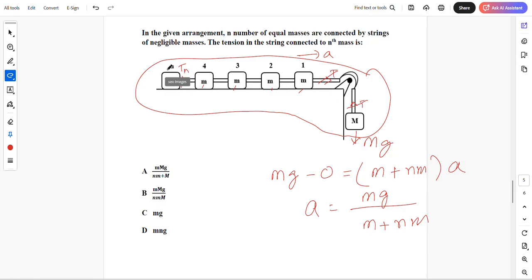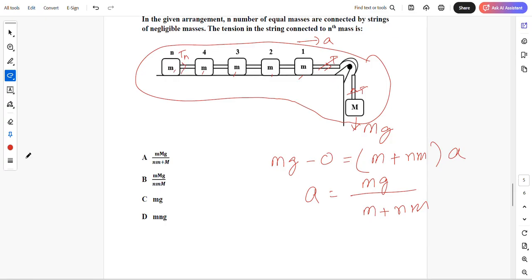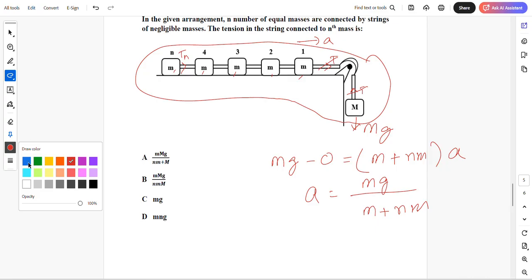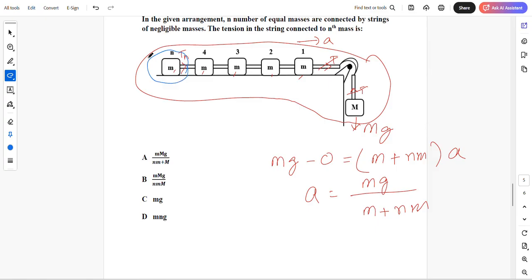Driving force, this one. So I can use here driving force minus resisting force, which is nothing, is equal to mass into acceleration. The mass is m only. Tn is equal to m into a.